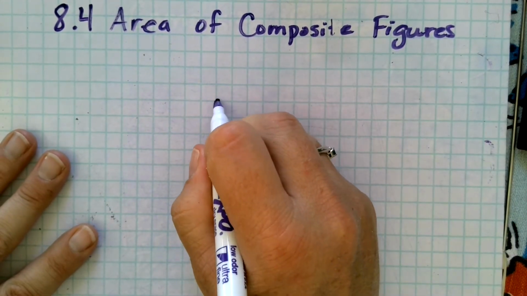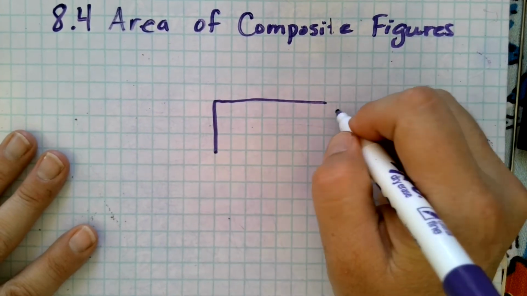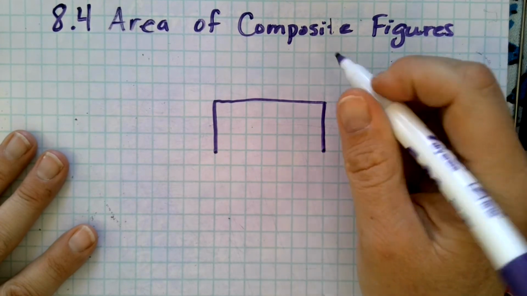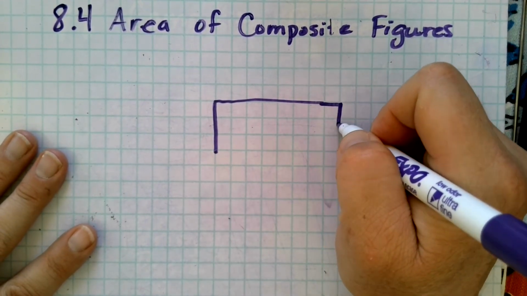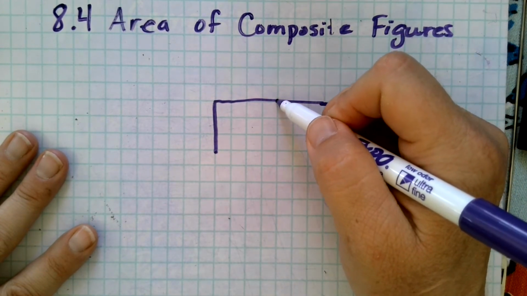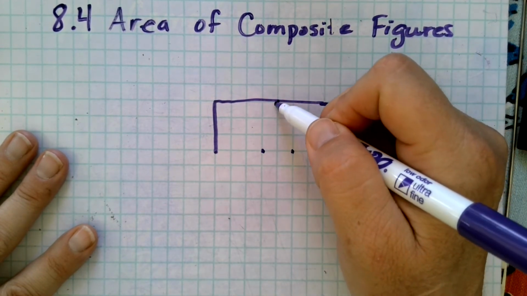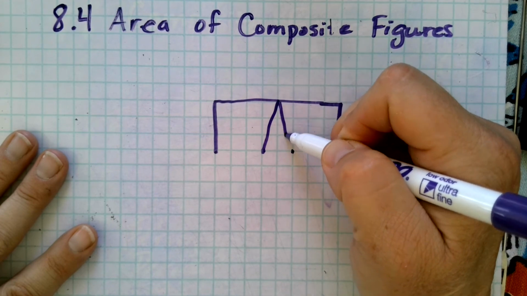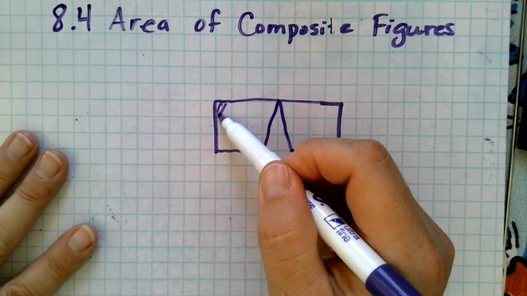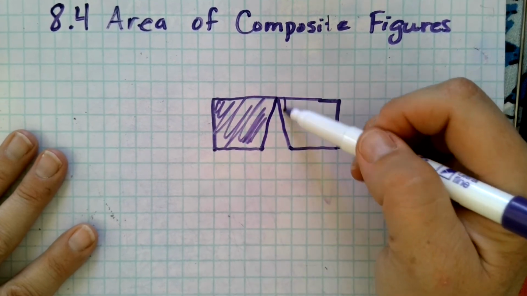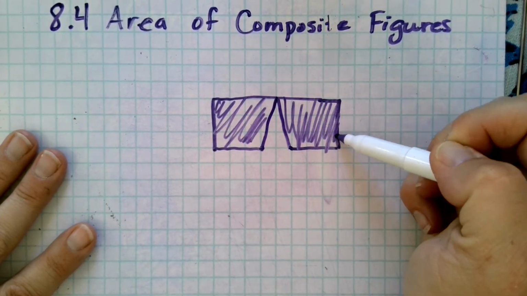Okay, they have some composite figures where you are going to have to find the area of one part and then subtract another part. Okay, so here's a really fun one that they have for you. They have something that looks like this, and they want you to find the area of this part. So you're going to have to come up with a strategy for that.